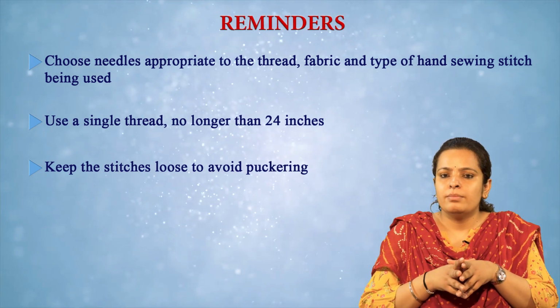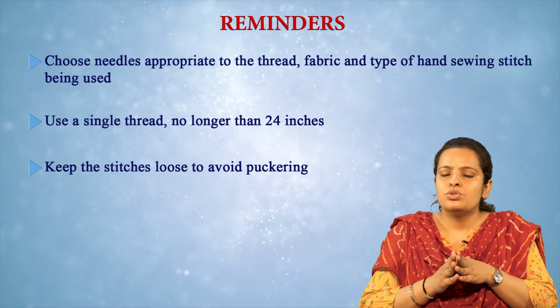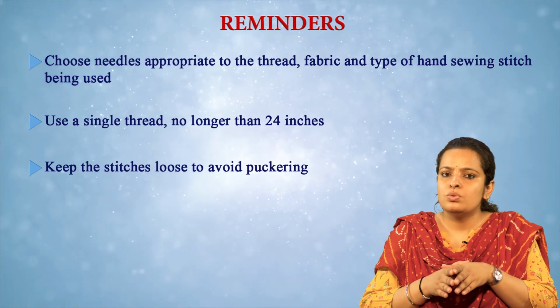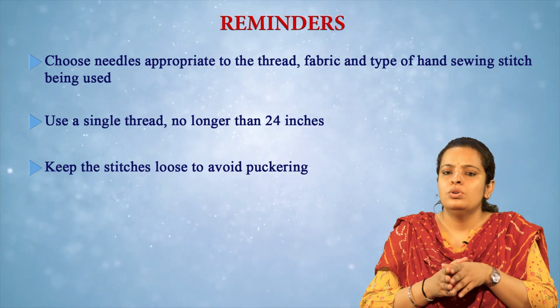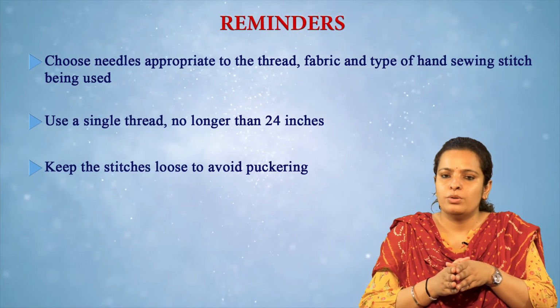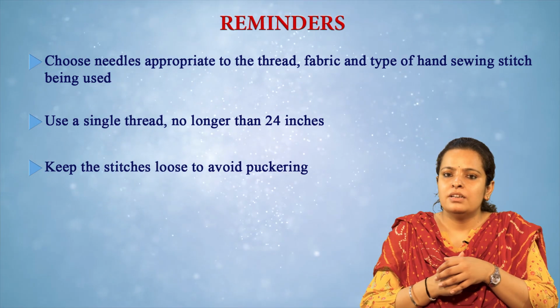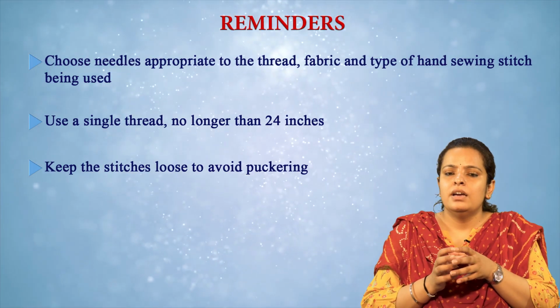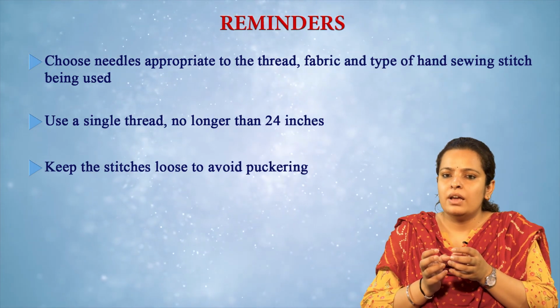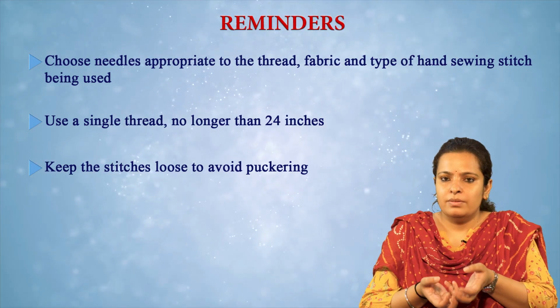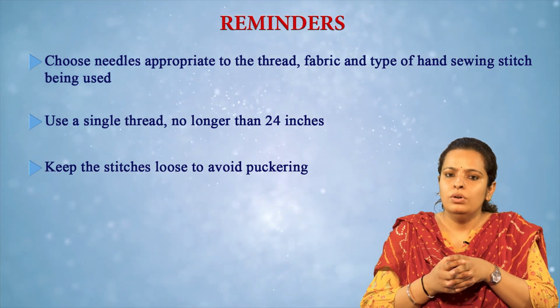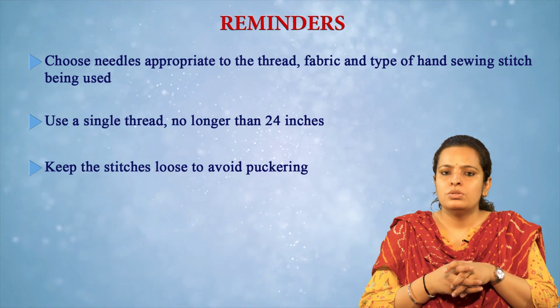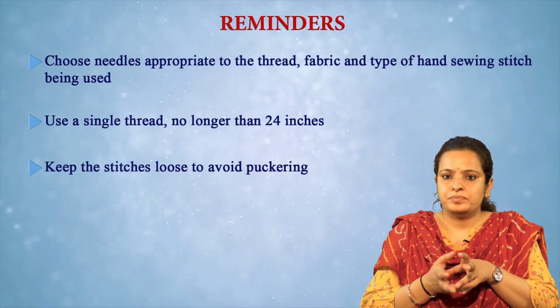If we are making hand stitches, they should not be too tight and should not be too loose. If we make the stitches very tight, it will give puckering or wrinkles on the fabric. So avoid stitches that are too tight or too loose.